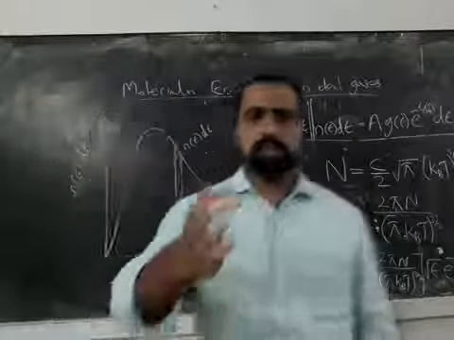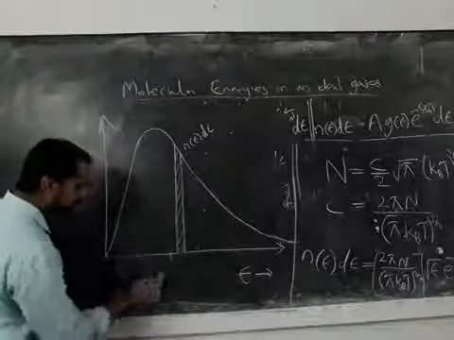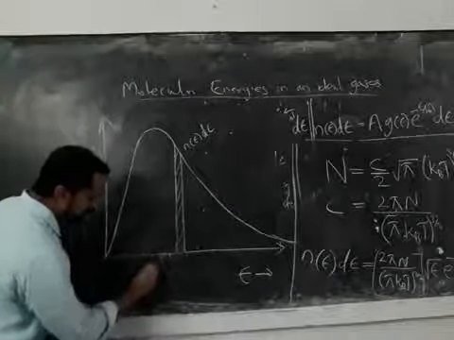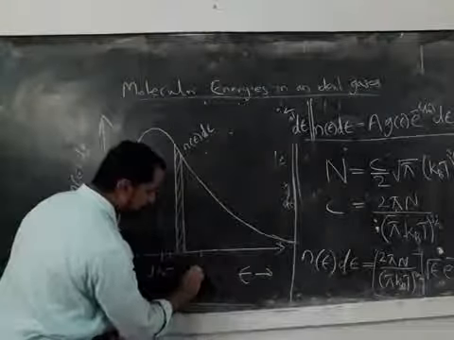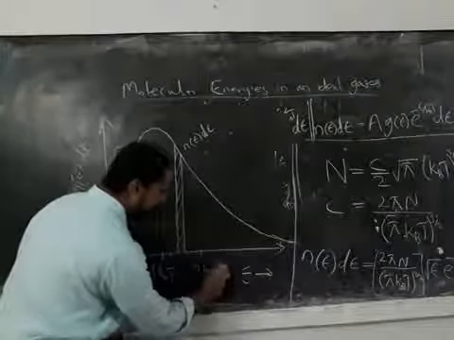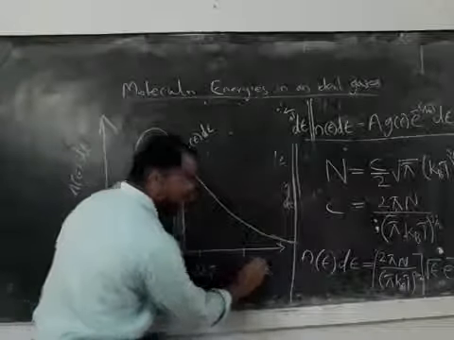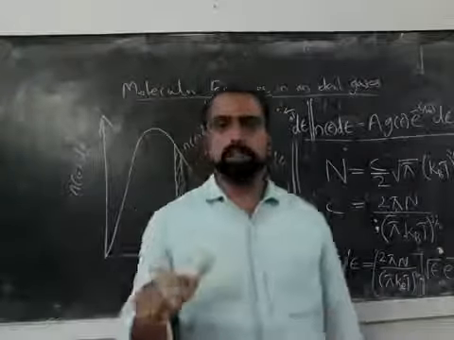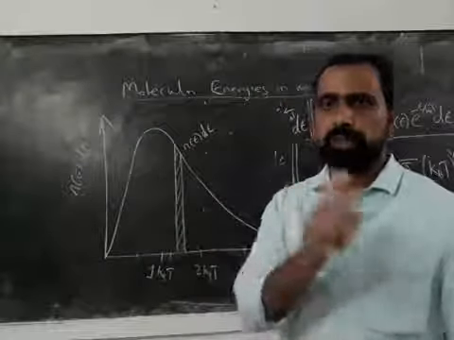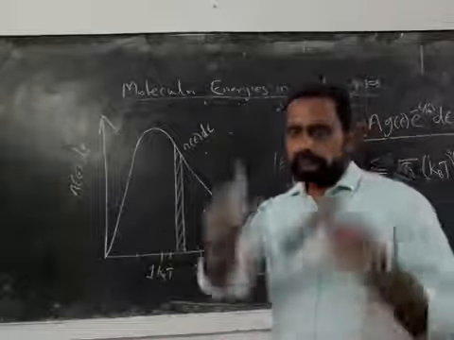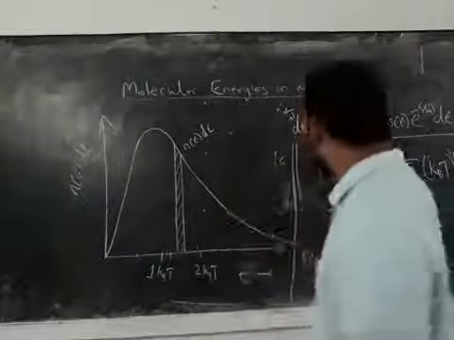Most of the particles are concentrated around 1 kBT, then around 2 kBT, 3 kBT, like that. This graph is more beautifully drawn in our textbook, so you just look at it. This is the molecular energy distribution.